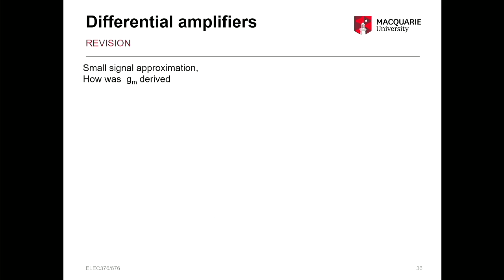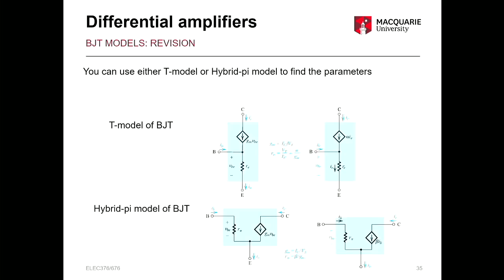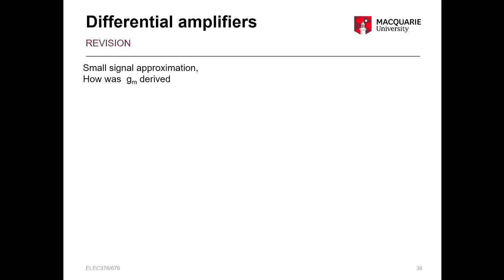So another little bit of revision, just stepping through how GM is derived. You notice that GM is in both of these models, IC over VT. I won't spend too long on this, but we can step through the expressions. So VBE, that's our total, our instantaneous VBE, the small and large signal. So large VBE plus small VBE is this one.